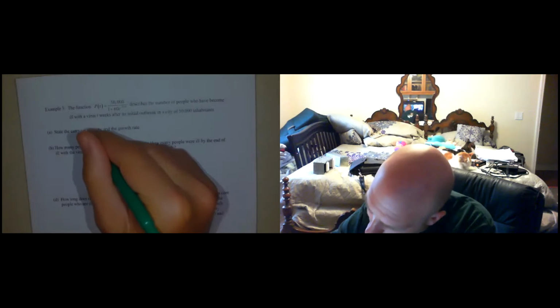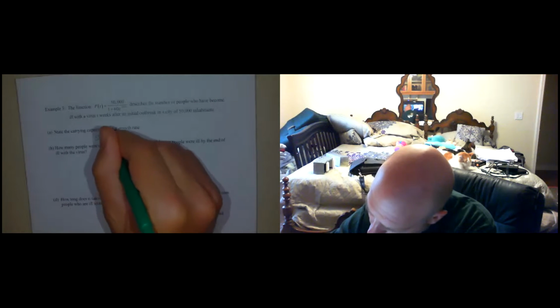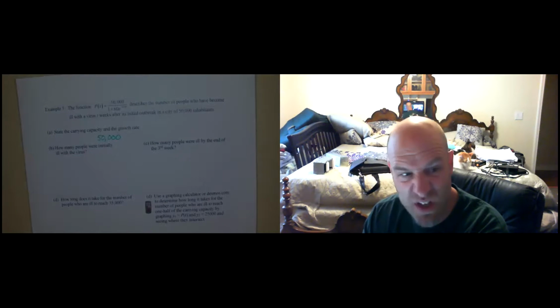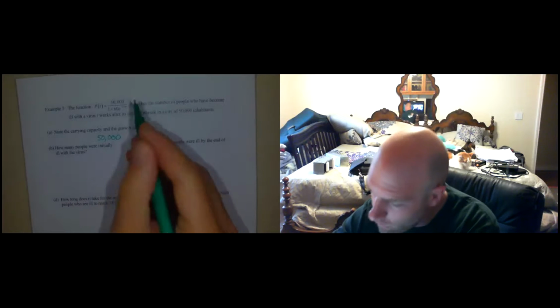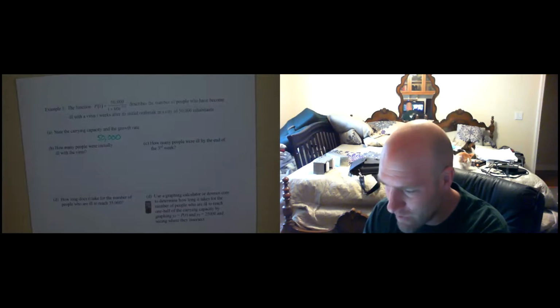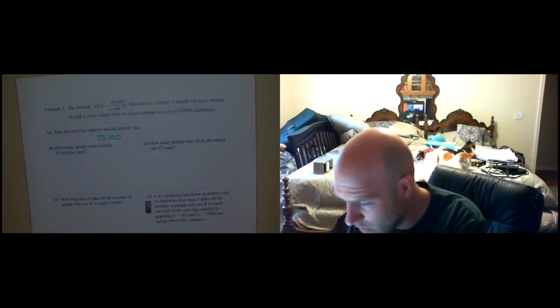So that carrying capacity is 50,000. Growth rate, we're actually just going to leave alone. The only rate I'm interested in is this k value, this negative 0.9.